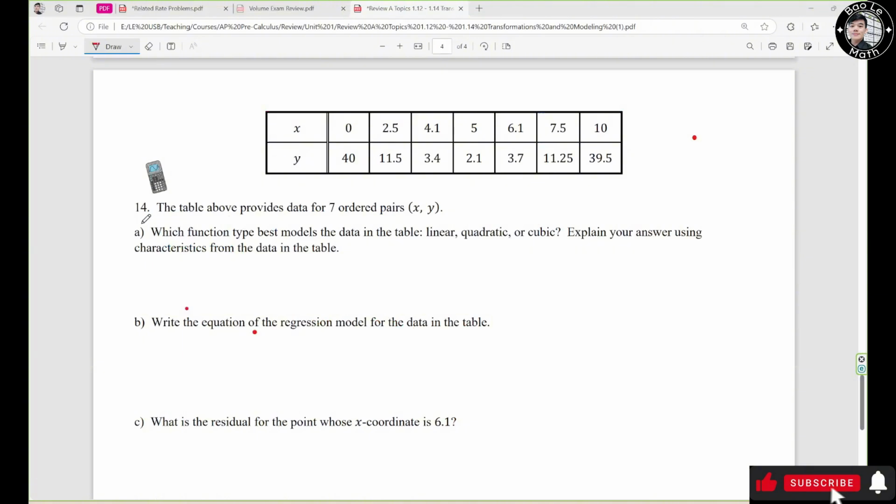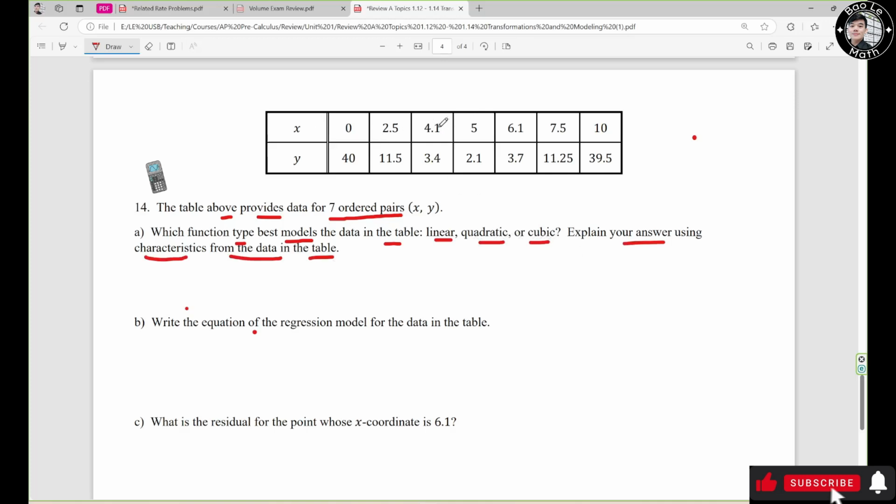Now let's move on to question number 14. The table above provides data for 7 ordered pairs S and Y. Which function type best models the data in the table? Linear, quadratic, or cubic? Alright, so we look at this one.